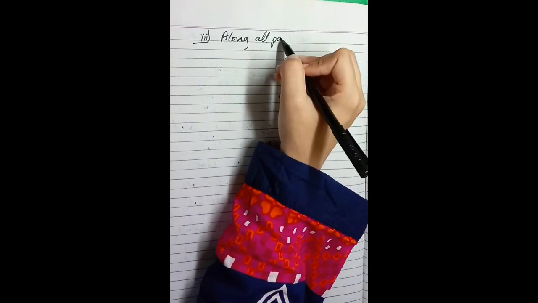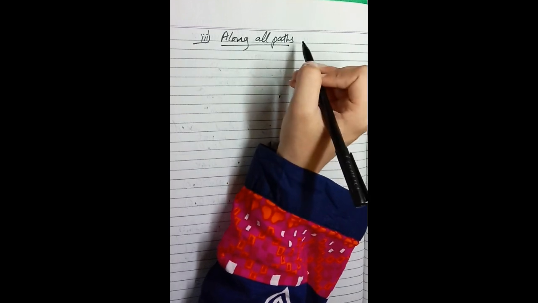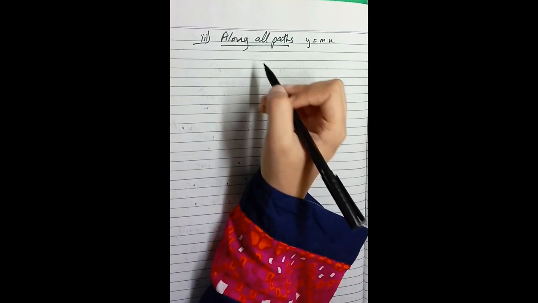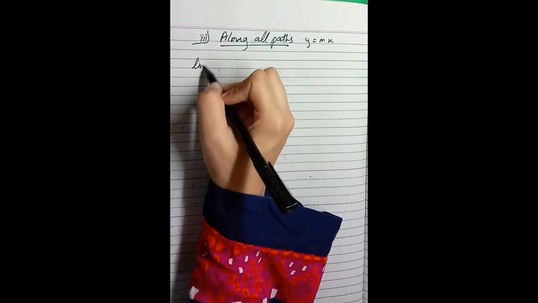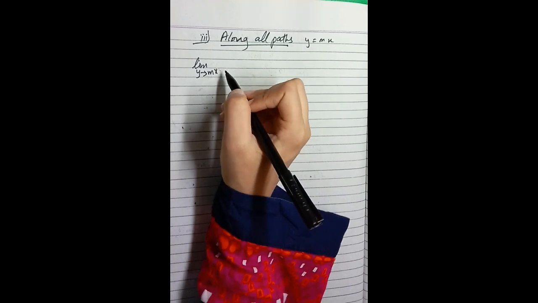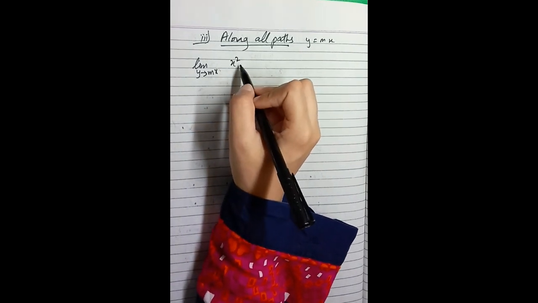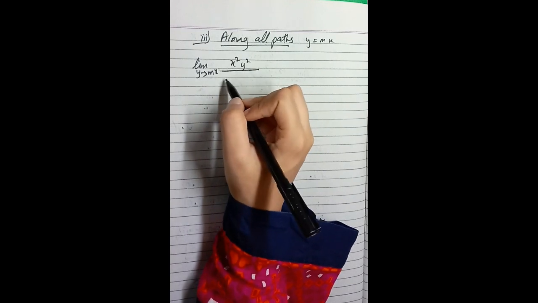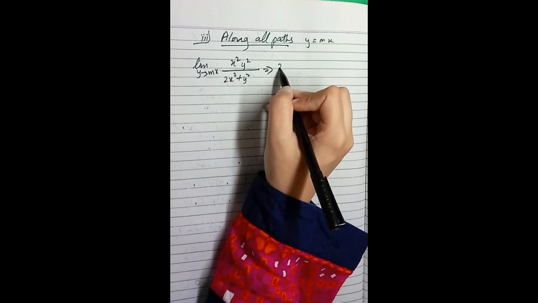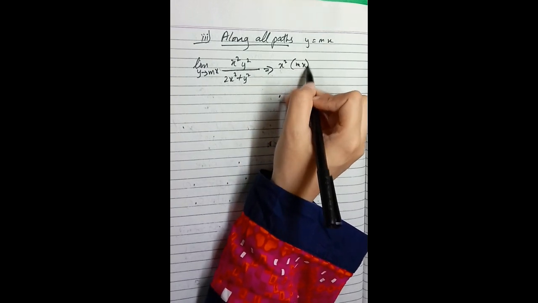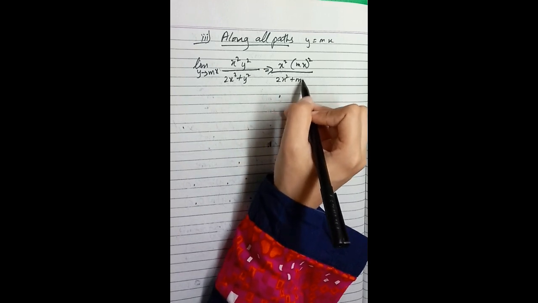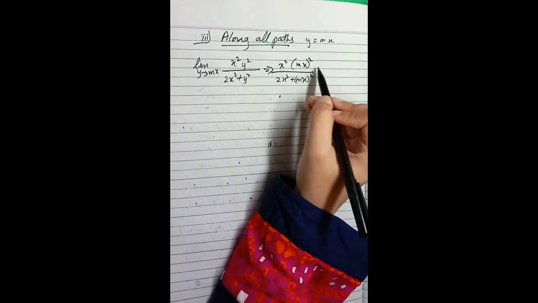all paths, in which our y is equal to mx. So now we have to approach the limit y is equal to mx, x square y square divided by 2x square plus y square. So x square, at the place of y we have to put mx, it will be (mx) square divided by 2x square plus mx square.